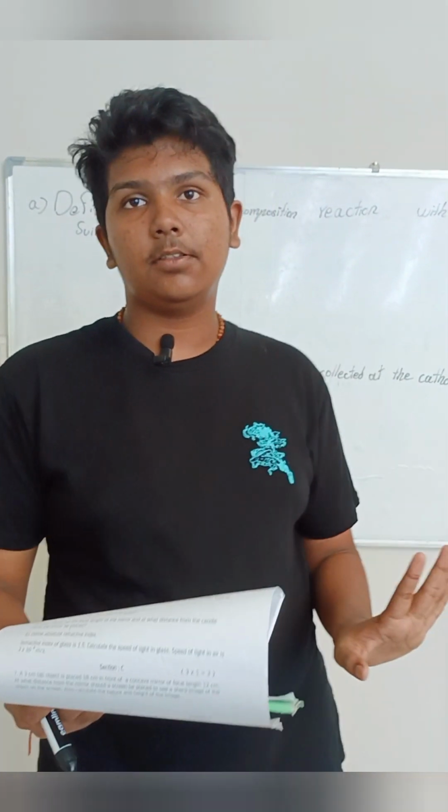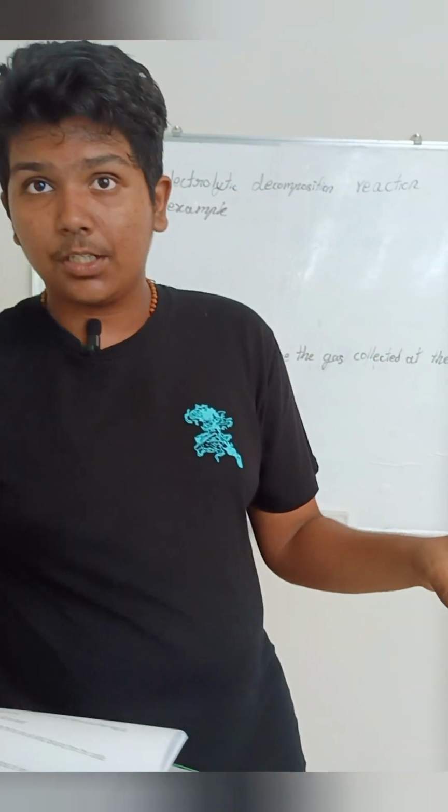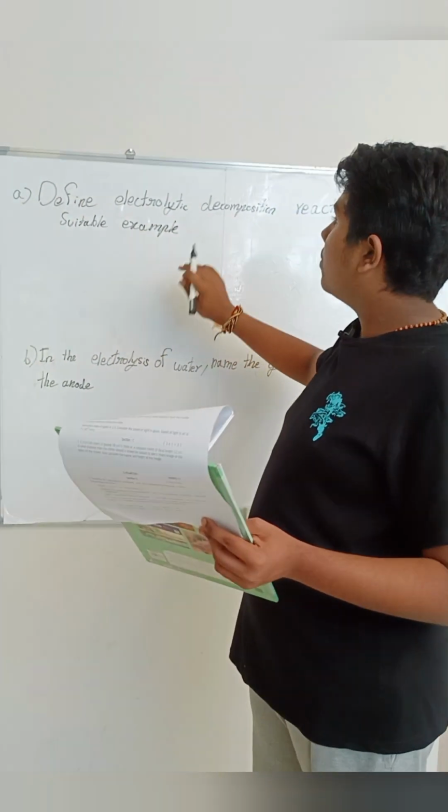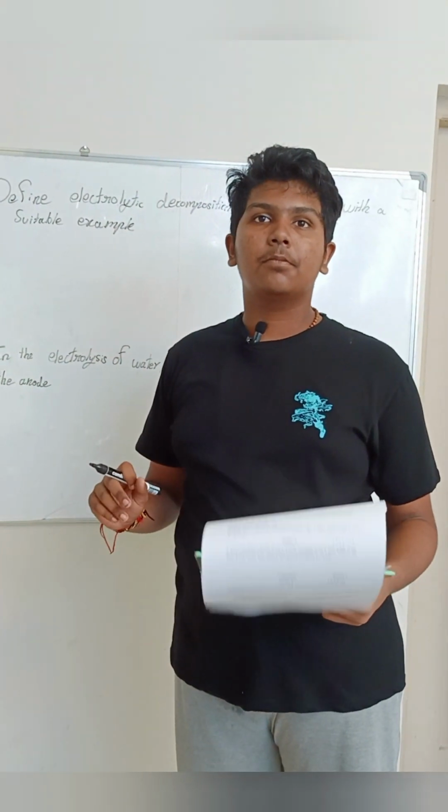So what does this mean? In that reaction, the compound is splitting or decomposing in the presence of electricity. And now they are asking for a suitable example. So what example can you put?